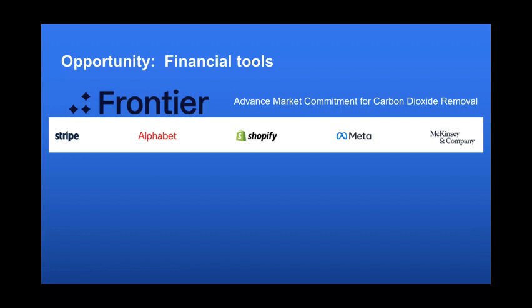They're basically buying ahead, allowing these companies, these startups, to get going and to get the kilotons or megatons or whatever they got going, and they're buying from that pool. So it's an exciting field, and a lot of expertise is being developed to make sure that that $1 billion is spent on things that are really removing the carbon dioxide. And so there's a lot of climate experts in this organization.